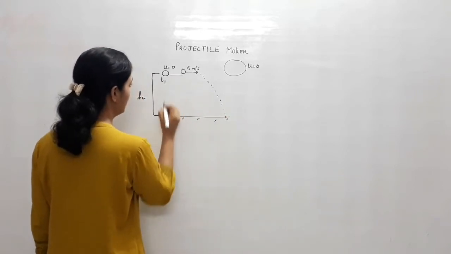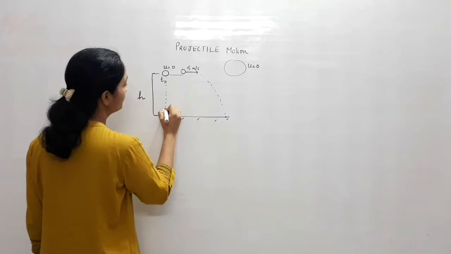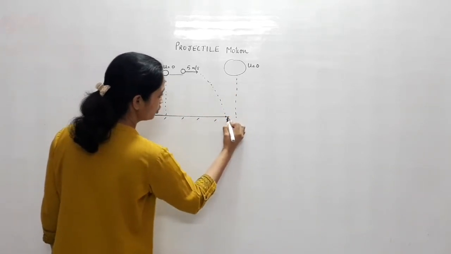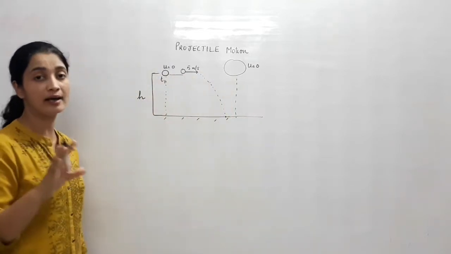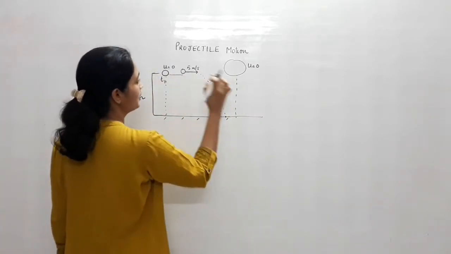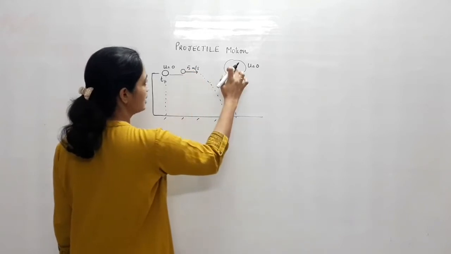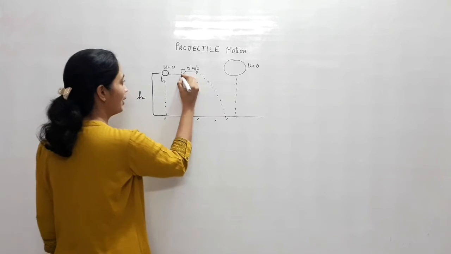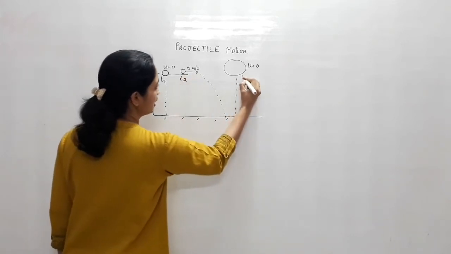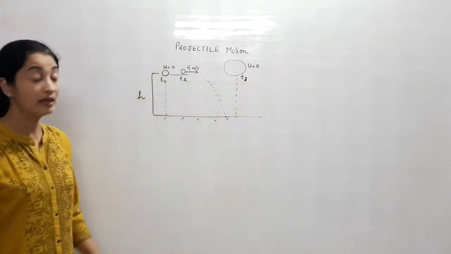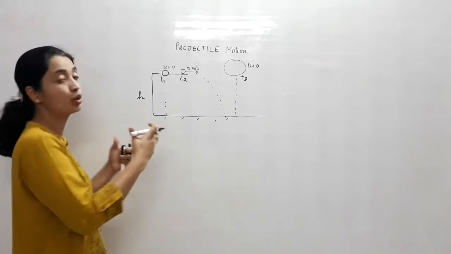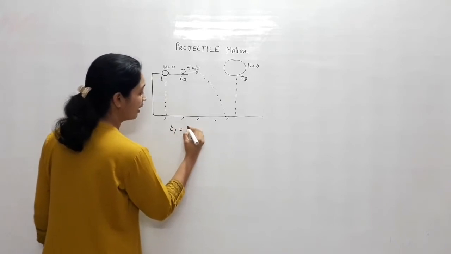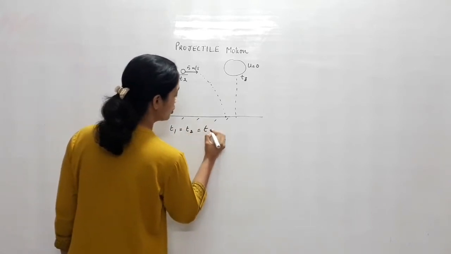The third is a very big, huge mass, and it will also fall down. Remember, they are all at the same height. So we say the time taken by the second is t2 and by the third is t3. It appeals to our senses that they should be different, but what Galileo actually gave was that t1 is equal to t2 is equal to t3.